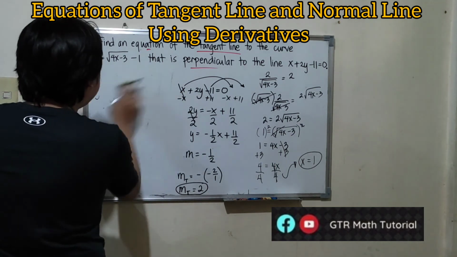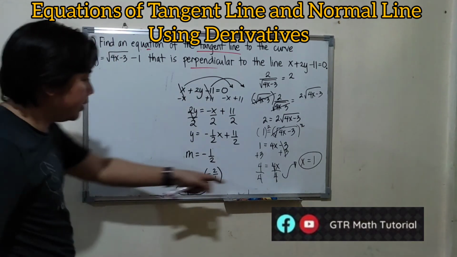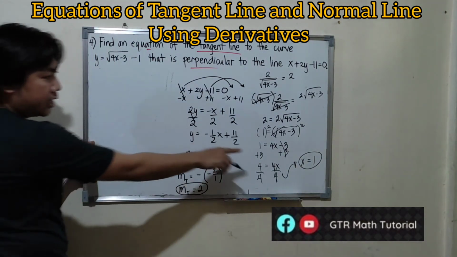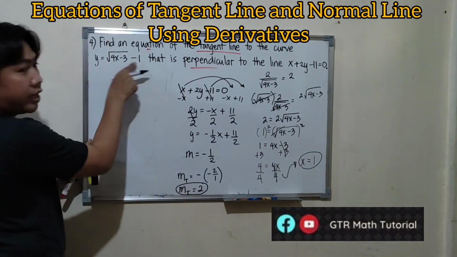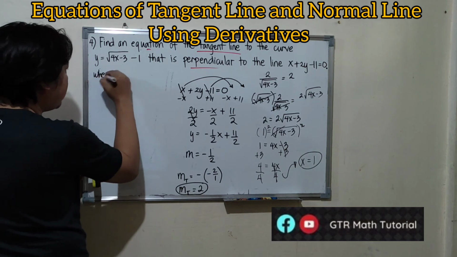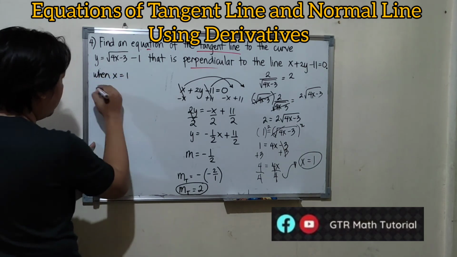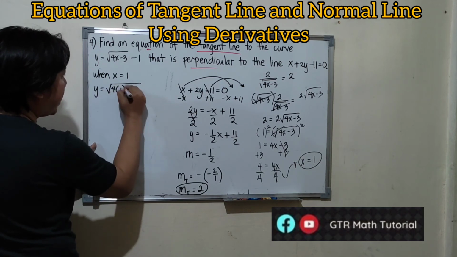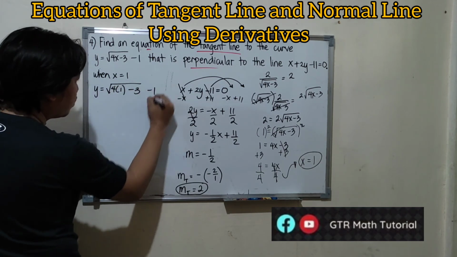Then, solve for y. Solve for y when x equals 1. So substitute x equals 1 to this equation. Therefore, we have when x equals 1, y equals square root of 4 times 1 minus 3 minus 1.